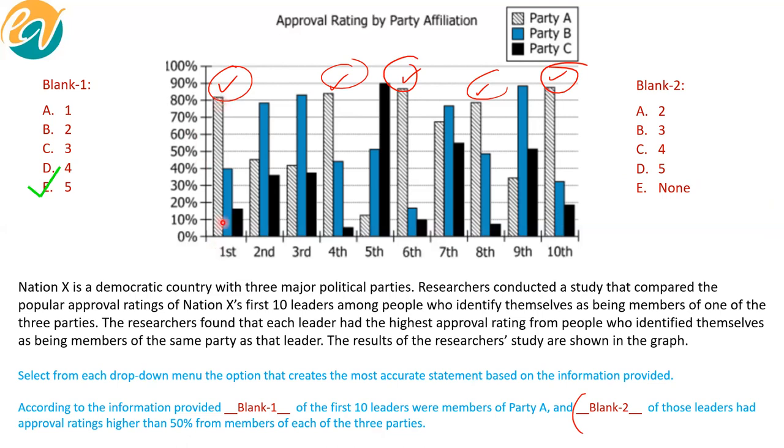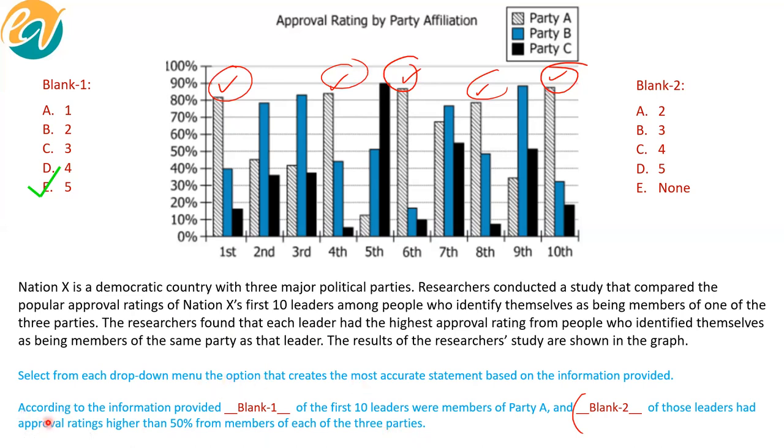Notice, for example, leader 1 had approval rating of 80% from members of party A, but this person had only 40% rating from party B and around 17-18% from party C. So what we were looking for is that each of the three should have been greater than 50%.